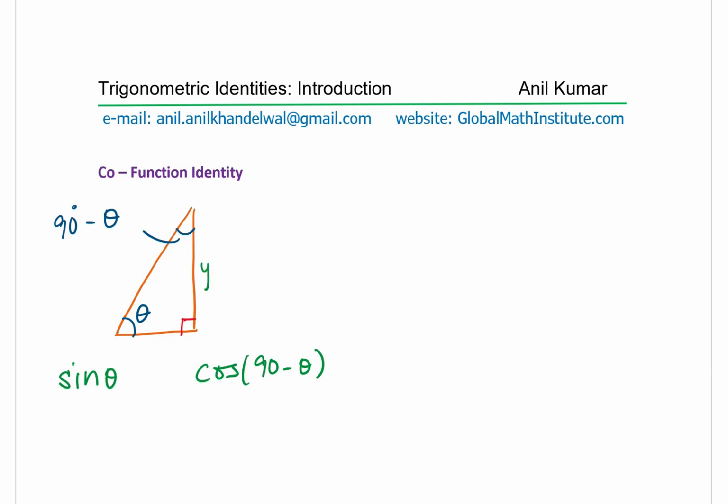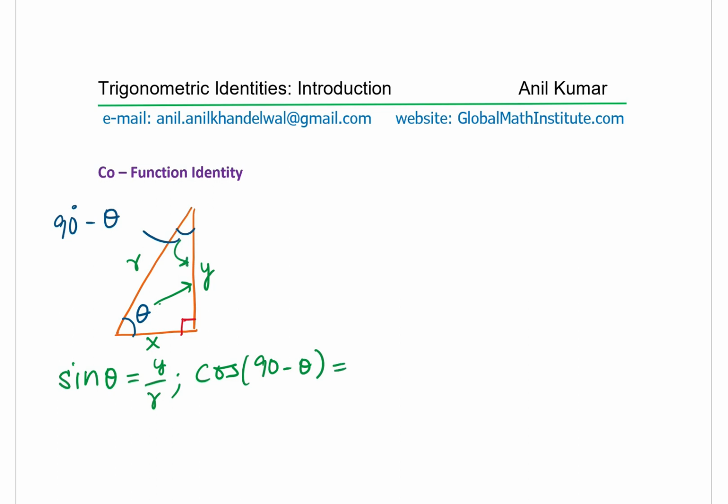Let's say this is y, this is x, and let's say this is r, the hypotenuse. In that case, sine theta is basically equal to the opposite side y over r. And now, what is cos of 90 minus theta? For cosine, we have to look for the adjacent side, right?